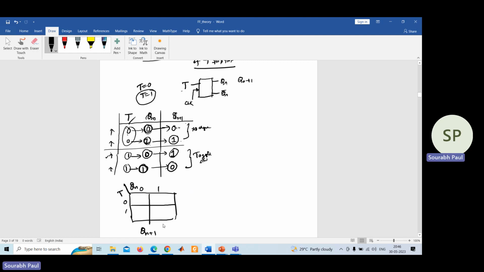So use this K-map, and from the K-map find out the characteristic equation. Put the values 0, then 1, then 1, then 0. So what will be the expression? Qn plus 1 is nothing but T Qn bar plus T bar Qn.